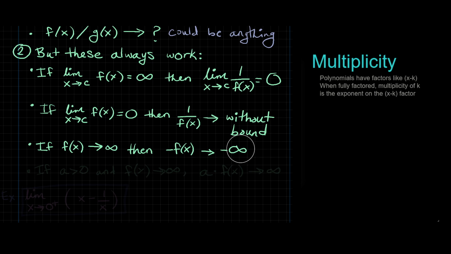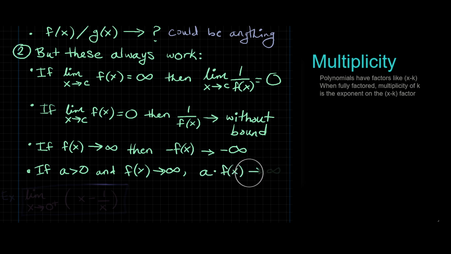And then what if we multiply by a number? If we take a positive number a, and suppose we have a function going to infinity, then that constant multiple of that function will go to infinity as well. Okay? Now, why the specification that a is positive here?